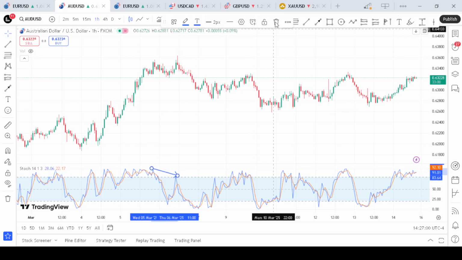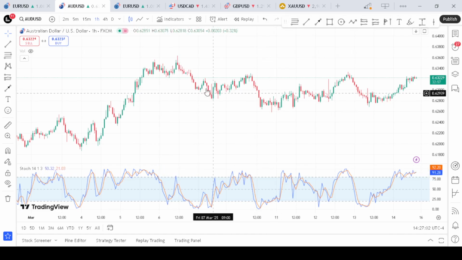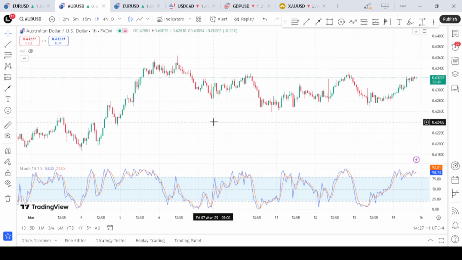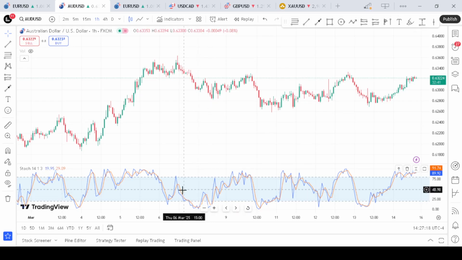The ultimate stochastic oscillator trading strategy focuses on identifying high probability reversal points by combining overbought and oversold zones with divergence and price action. The strategy is built around the interaction between the percent K line and the percent D line, specifically their crossover when they cross above 80 or below 20.